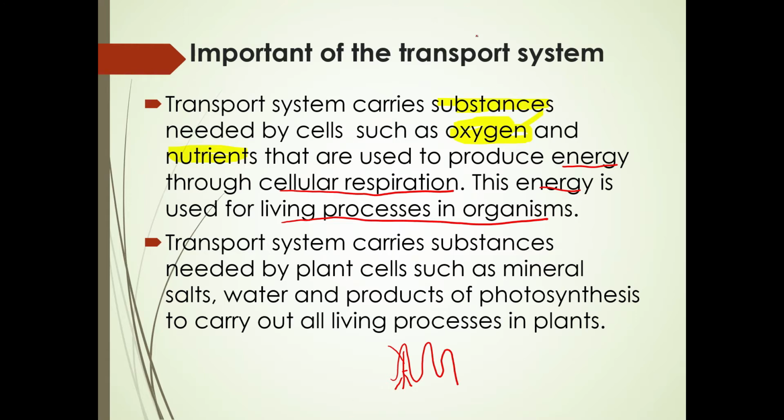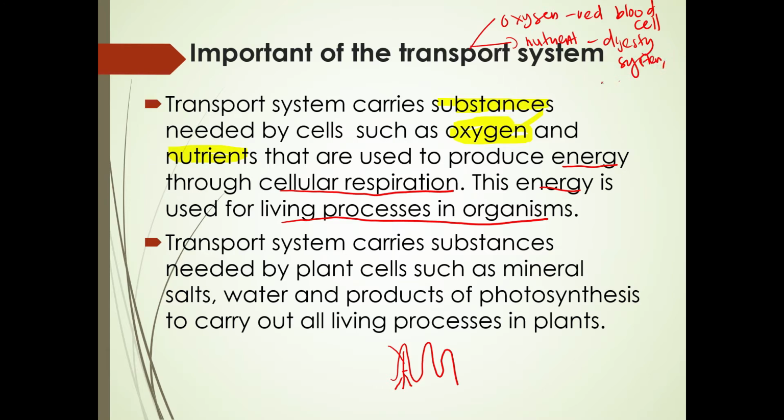So let me summarize this one. It is to transport the oxygen by the red blood cell. This occurs at the lung, and also the nutrients from your digestive system.